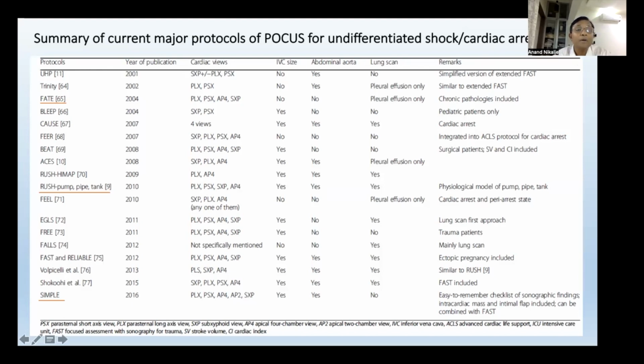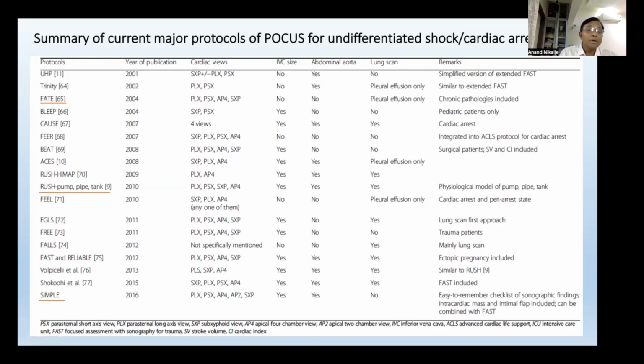What these protocols actually look at are cardiac views, IVC size, abdominal aorta, and lung scan. On the basis of these few things, they look at the diagnosis of shock and its etiology, and they monitor the shock. So these are the cardiac views which they use in these different protocols. I'm not going to go into the details, just wanted to highlight that multiple protocols are available.